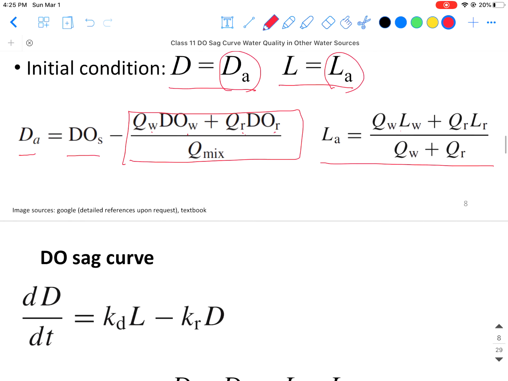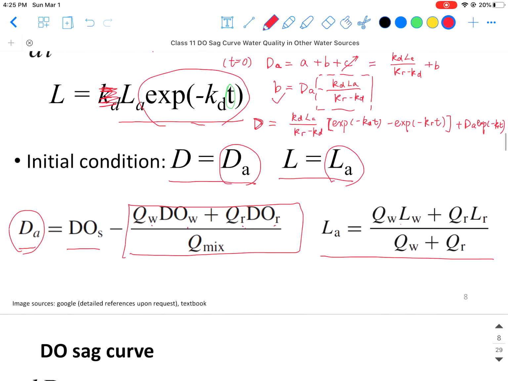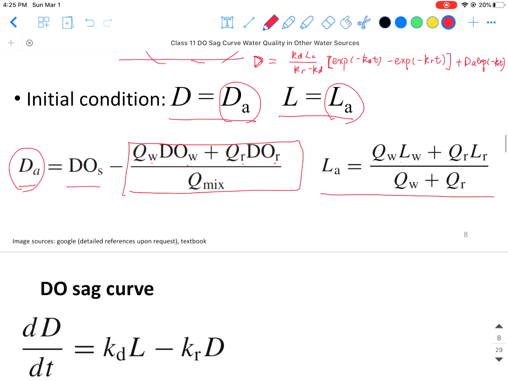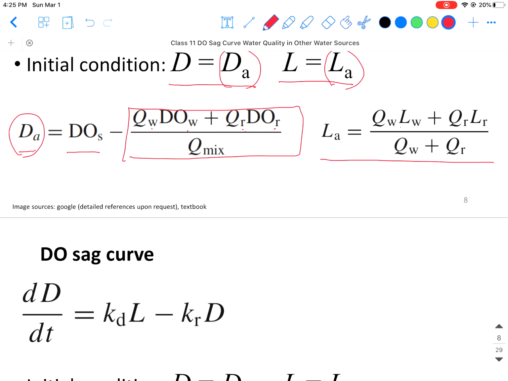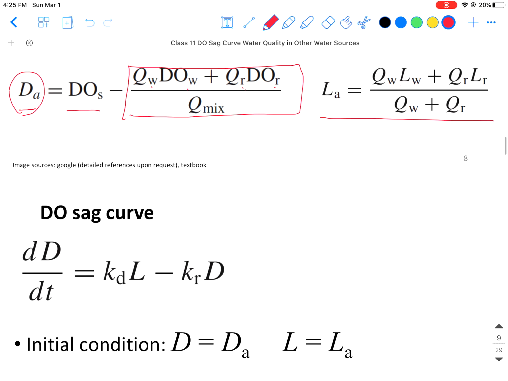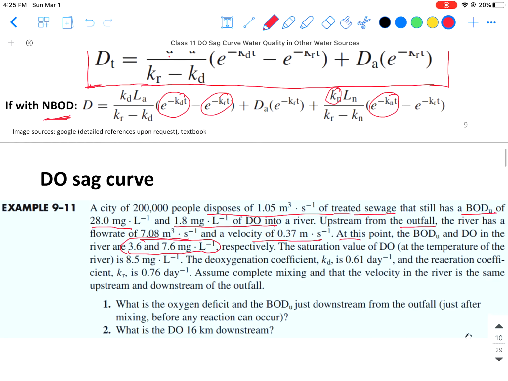So based on this relationship, we can calculate the initial oxygen deficit, right? We know the saturated dissolved oxygen concentration. We know the flow rate coming from the sewage or wastewater, and also the river water. We have the dissolved oxygen coming from wastewater and river water, and we can calculate the total flow rate. Same for the BOD here.